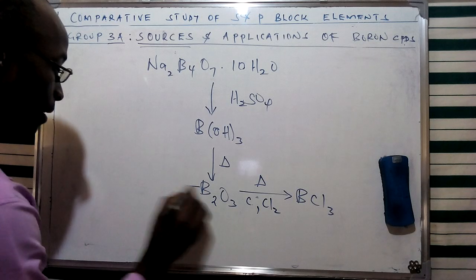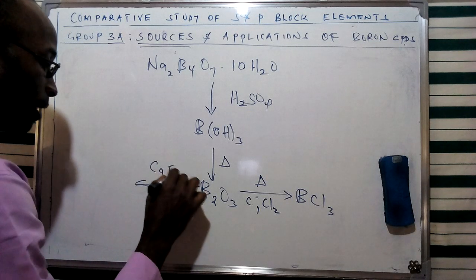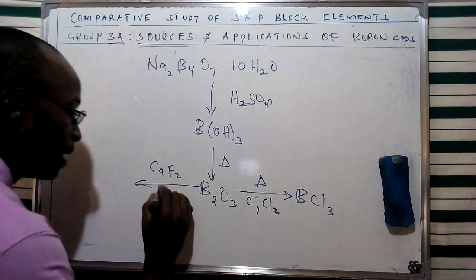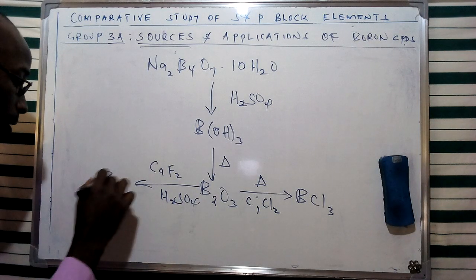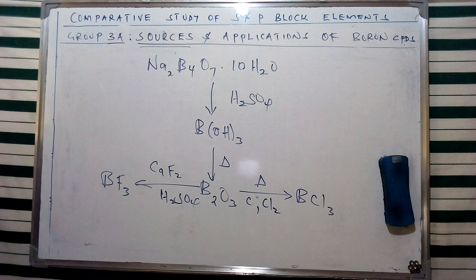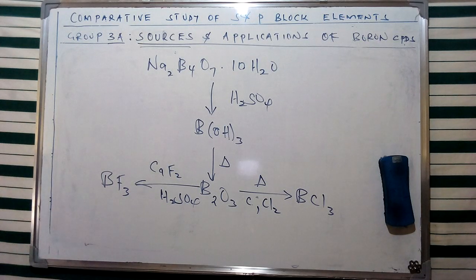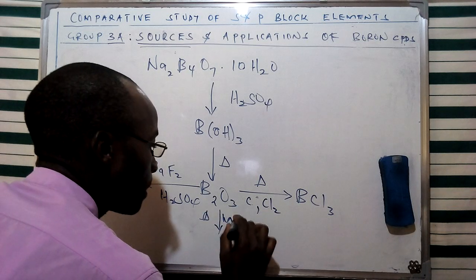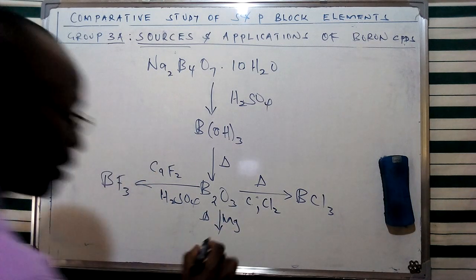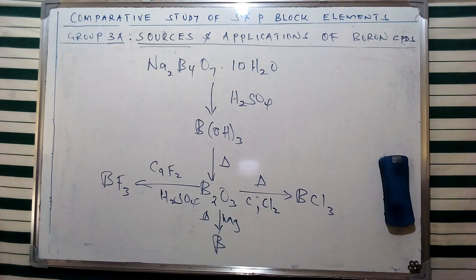Then if we react this with calcium fluoride under sulfuric acid, we have that forming another halide, a fluoride, given as such. And then if this is heated with magnesium, we see that it is reduced into boron, which is an element which I've mentioned.